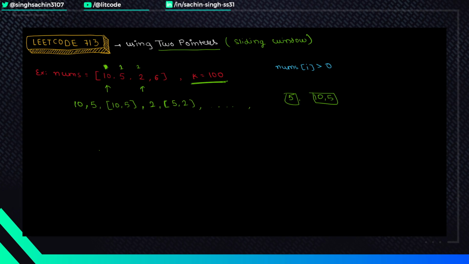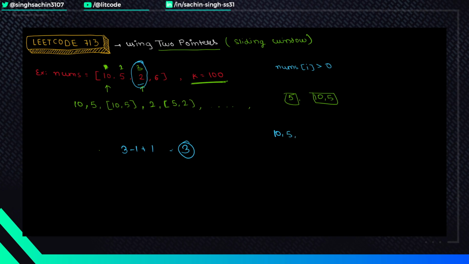We have 3 elements in our current consideration, right? So 3 minus 1 plus 1, so basically it will be 3. These are the subarrays which this element will introduce. If we add this particular element, these will be the subarrays which will be introduced. And those will be what?